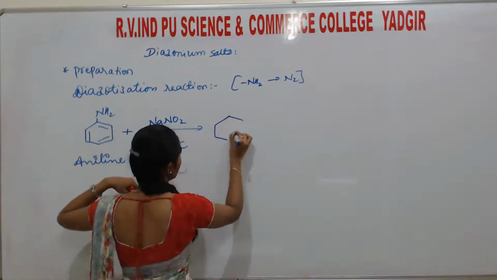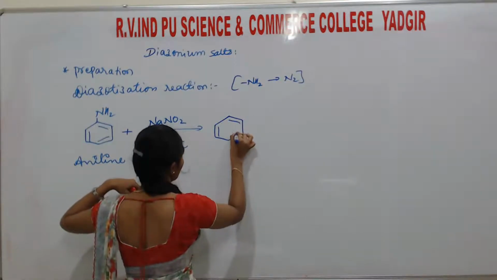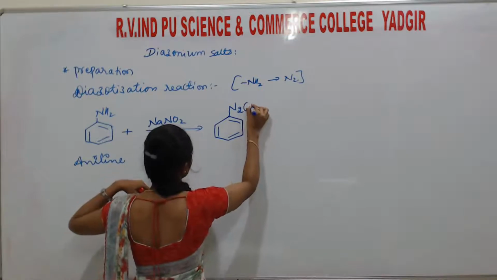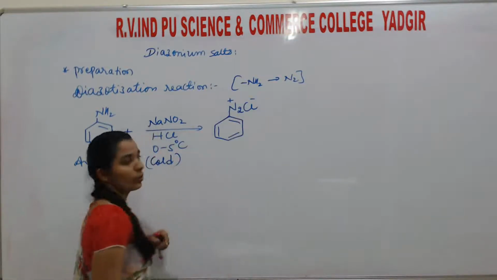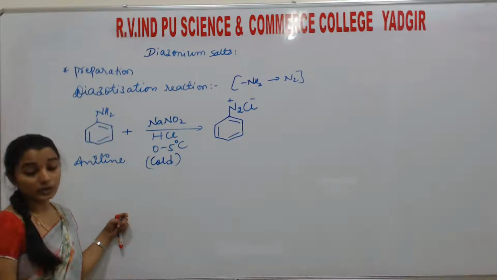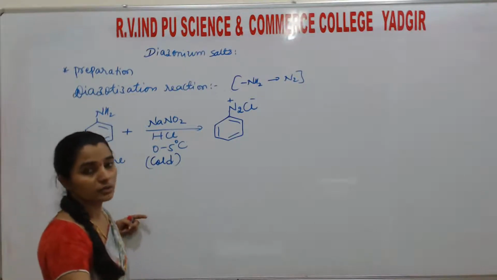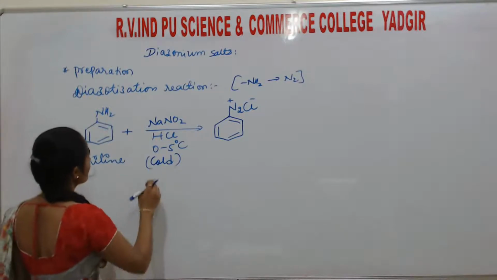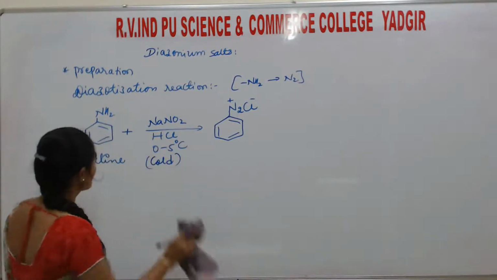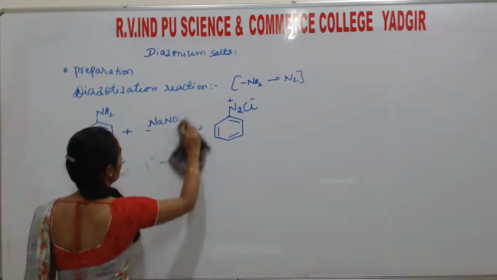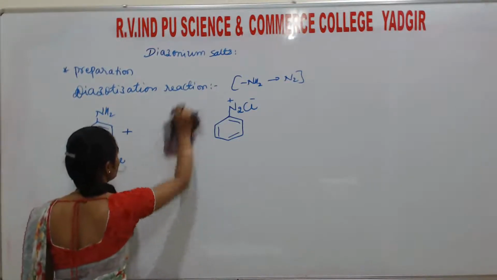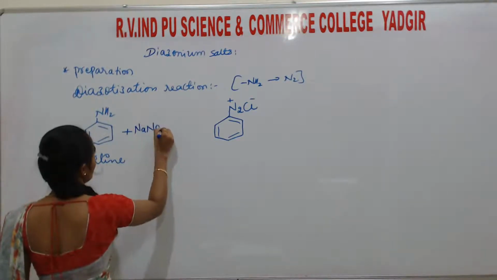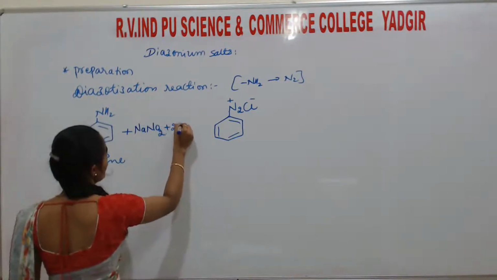It will form the N2+ Cl minus compound. What is it? Benzene diazonium chloride. Understand? So students, instead of this aromatic ring, you directly write NaNO2 plus 2HCl.